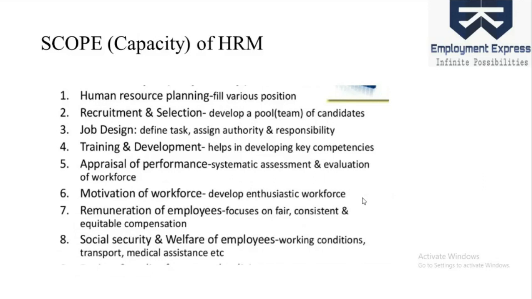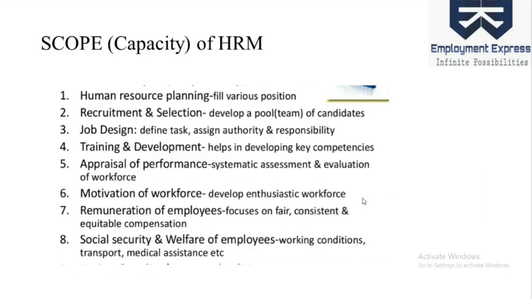The last thing is social security and welfare of employees. We have to see their working conditions, whether a person needs transport, medical assistance and other things. If a person is not comfortable with the timings or other things, we can change them or find another way.